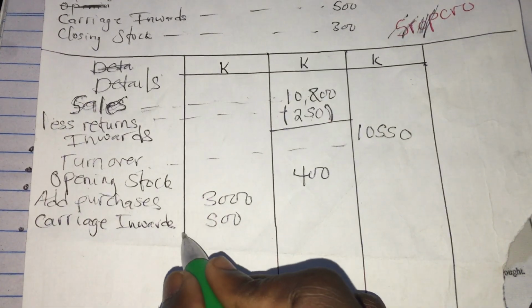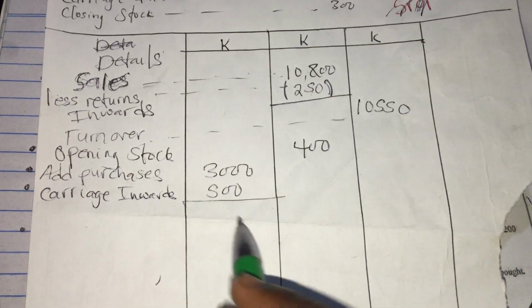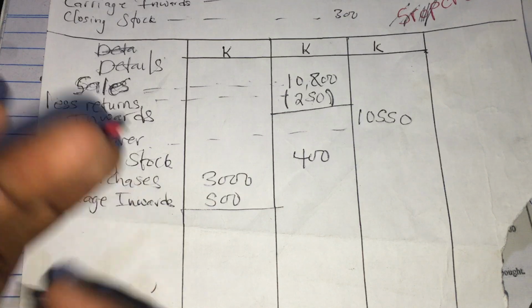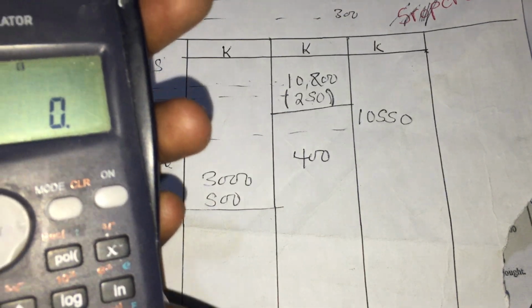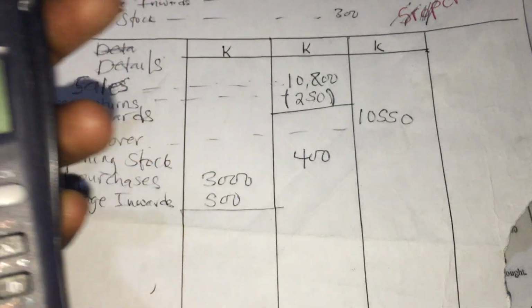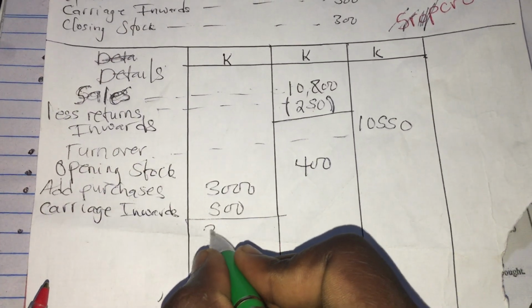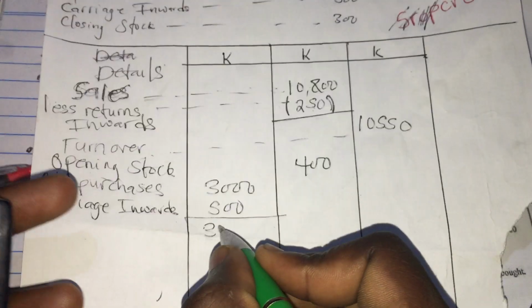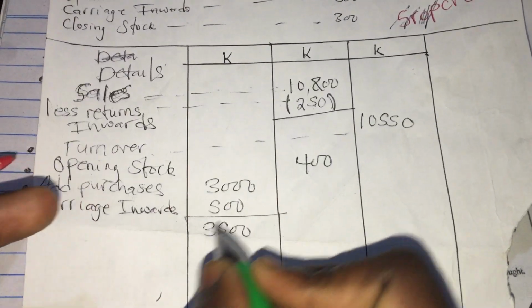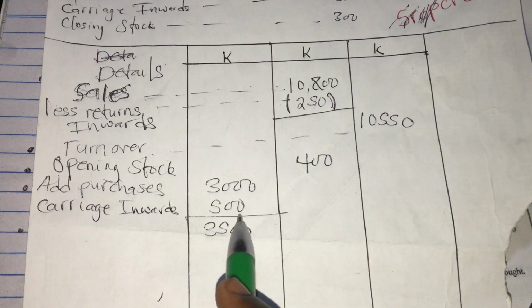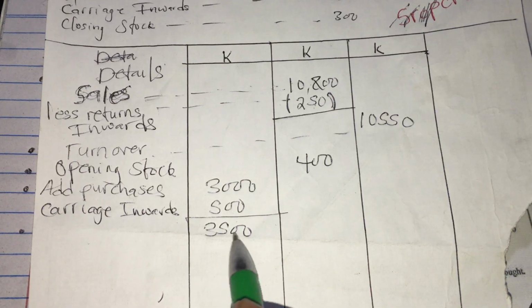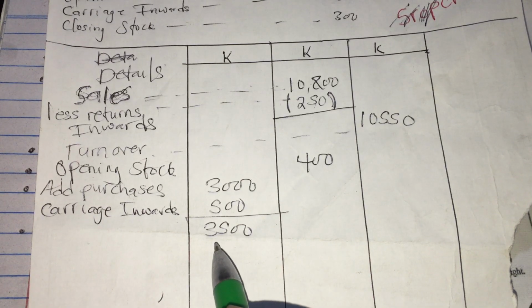So we have to add here. What is it going to give us? 3000 plus 500 kwacha. Then the amount is going to be 3500. You have seen? So this is the amount it's going to give us.